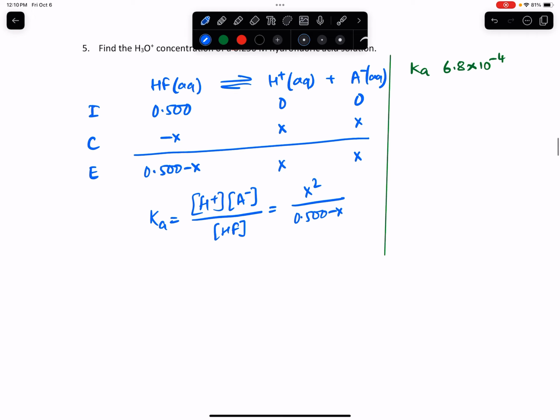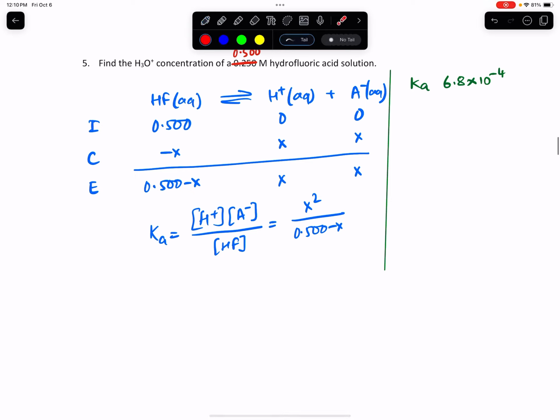Let's take the value of Ka that we got from a table and put that in here. So 6.8 times 10 to the negative 4 is equal to X squared over 0.500 minus X. At this point, we actually have a quadratic equation in X if we keep this X down here.